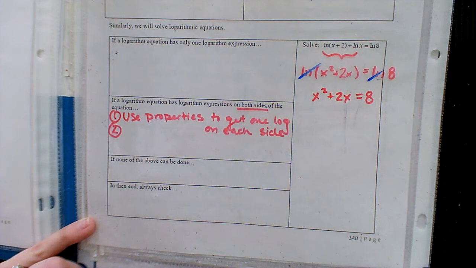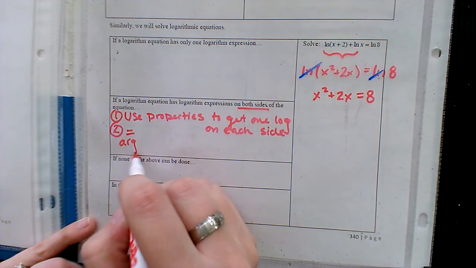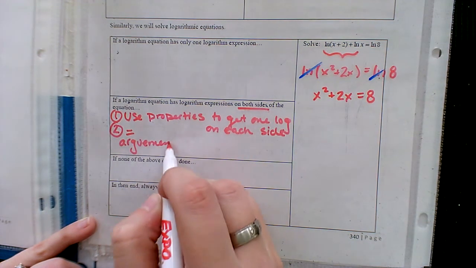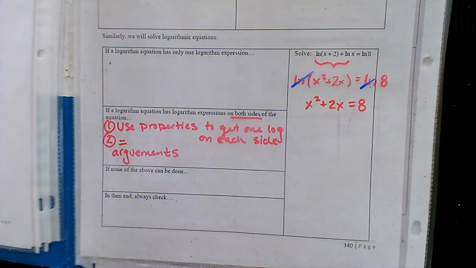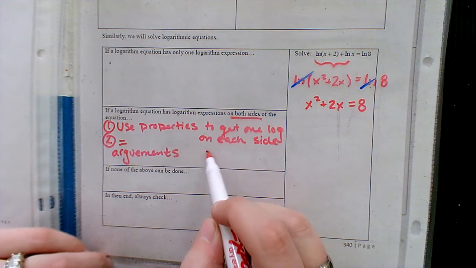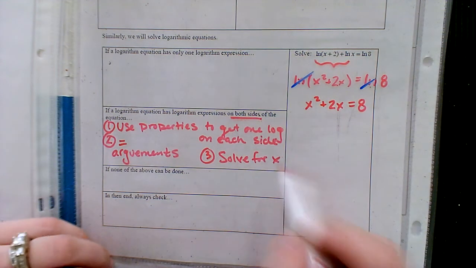After we did that, we noticed the logs would cancel each other out because after all, we know that they're exactly the same. So we were able to equal the arguments together. And last but not least, we're just going to use some algebra to help us solve for x.